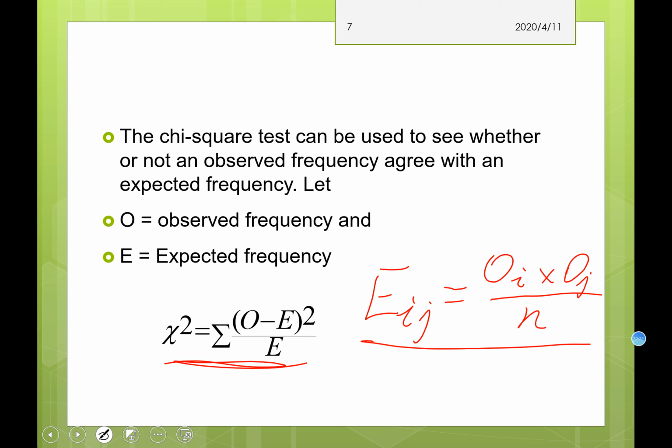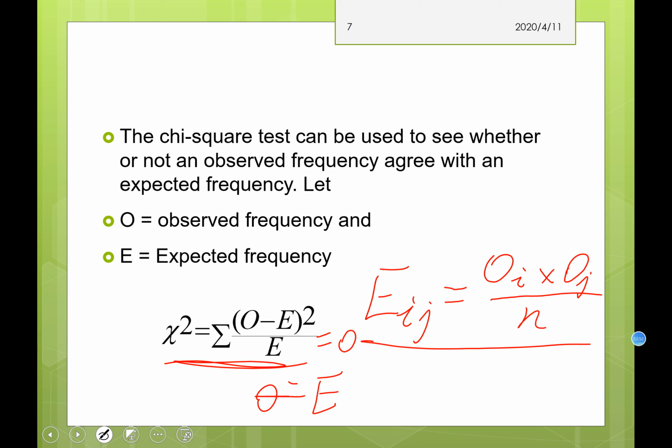But what if the chi-square value is small enough? Let's think about it extremely. For example, when chi-square equals 0, that means the chi-square value is the smallest. And when it's 0, that means O equals E, right?